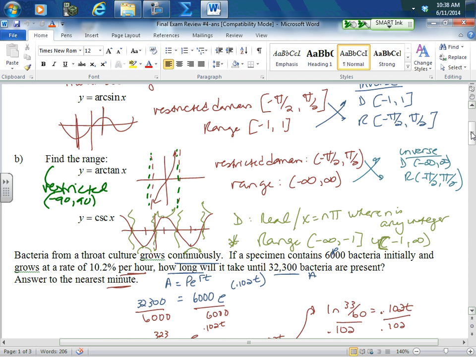Anybody remember the restriction for the sine? Think of your sine curve. Cut it off before it fails your horizontal line test. So what's down here? -90 to 90.